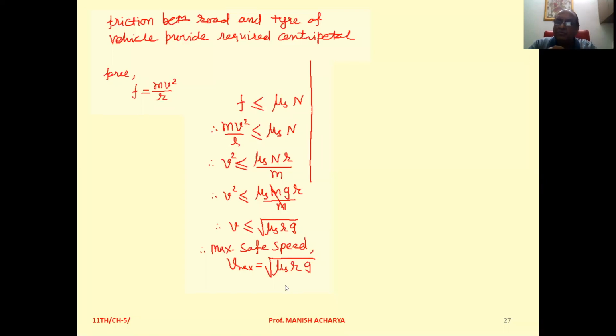If you move on that curved path on a two-wheeler or four-wheeler, or if a truck is moving on that path, then each one must move with a speed less than this, because this is the maximum safe speed. If speed increases beyond this, then definitely that vehicle will slip off.